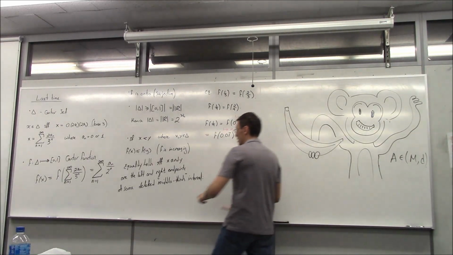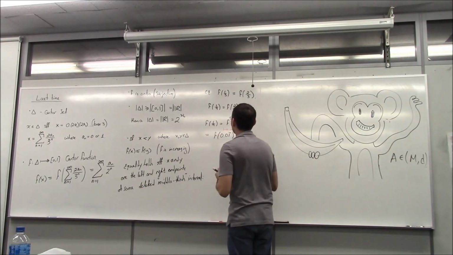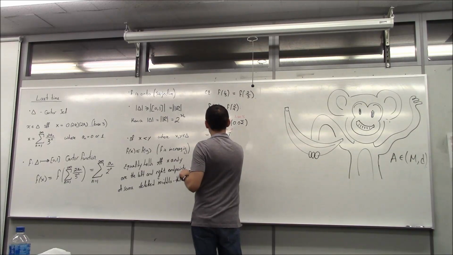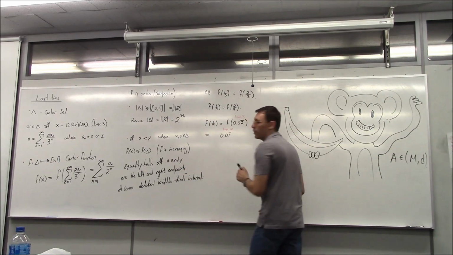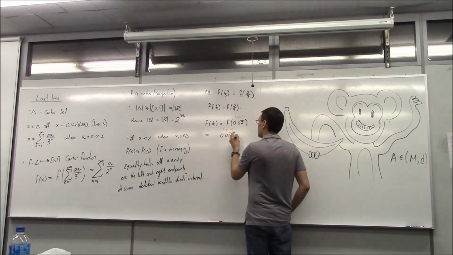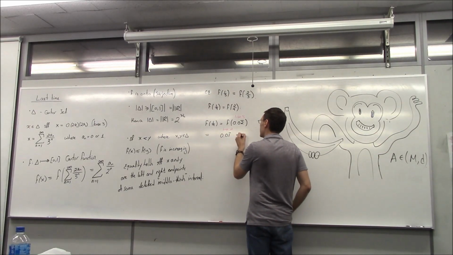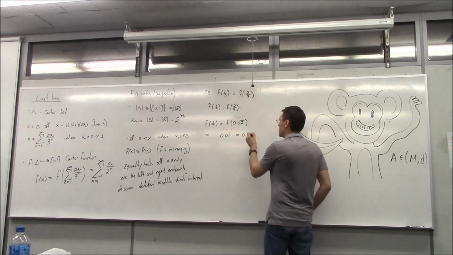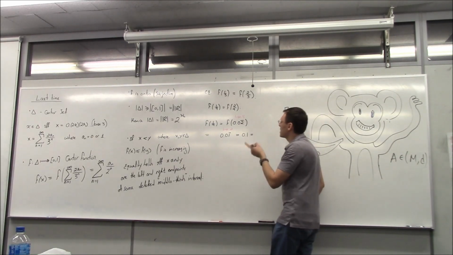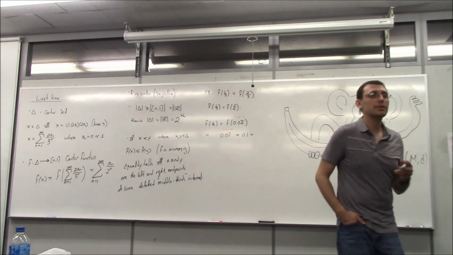Good? So what is this in base 2? Sorry, there should not be an f anymore. F did its job. So it's just 0.01 continued. So what is the number? This is 0.1, which is in base 2 equal to, what is 0.1 in base 2?